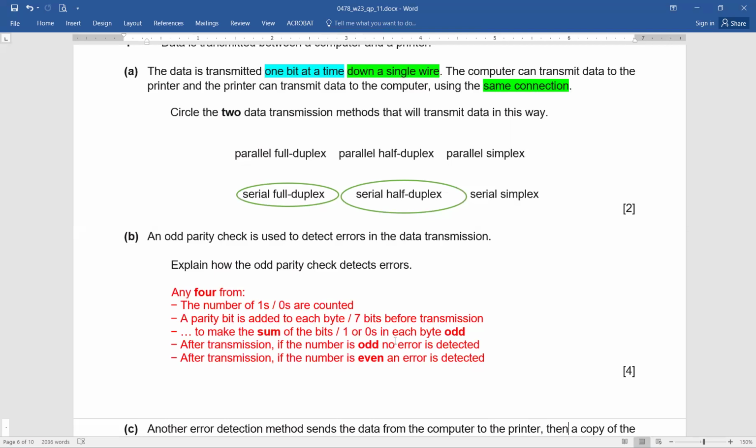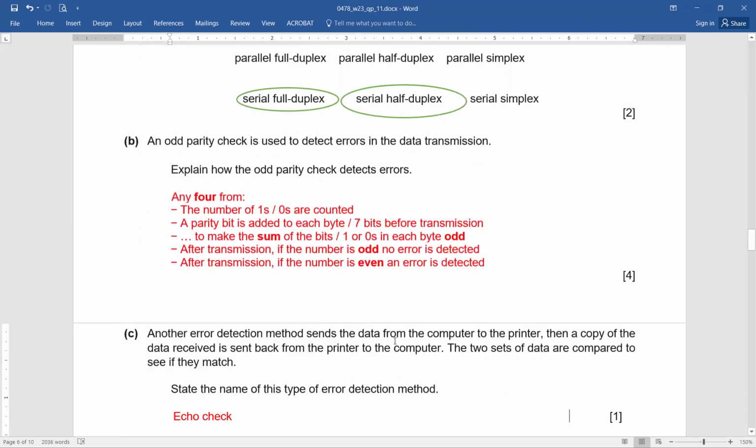If the number of ones is already odd, a zero is added. If odd parity is being used and the number of ones is even, then a one is added, in the 7 bits exactly. Okay, so just explain all the 4 points, and you are going to gain 4 out of 4.